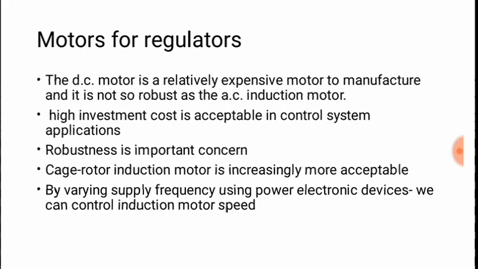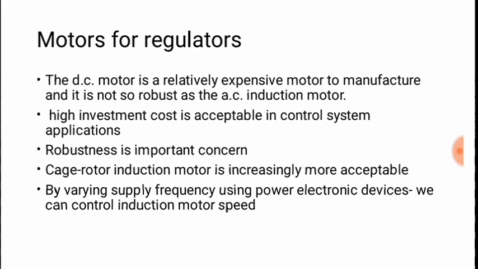In control system applications, this high investment cost is acceptable, but the problem is the robustness. If we are using a DC motor in an industry where there are a lot of contaminants in the environment, the life of the motor will be very small.